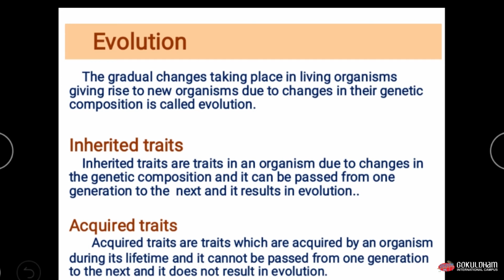First one is inherited characters. Inherited traits are traits in an organism due to change in genetic composition, and they can pass from one generation to the next generation. It results in evolution.